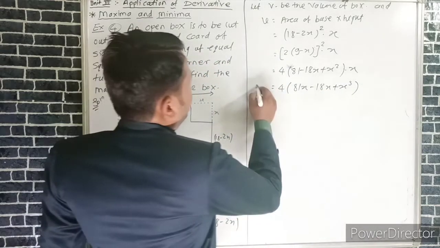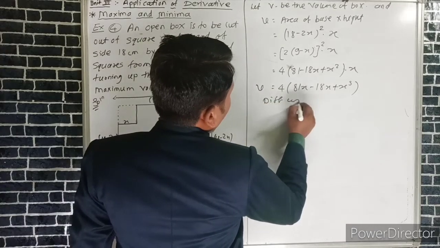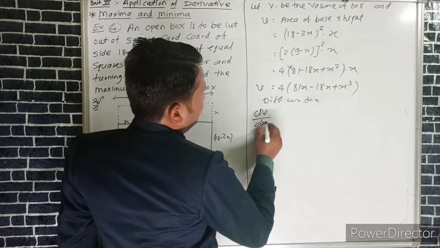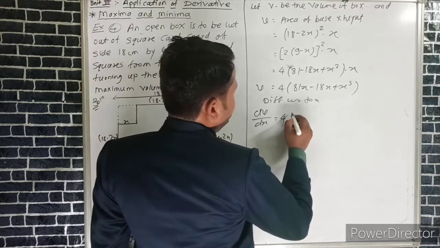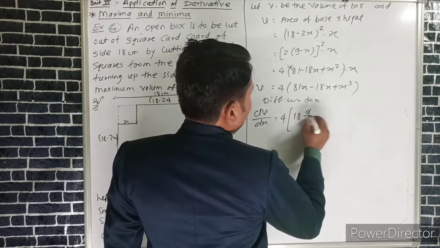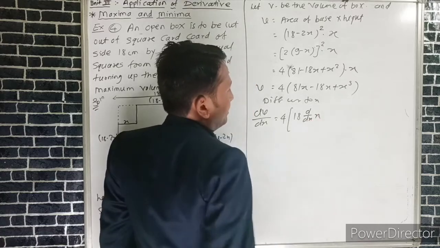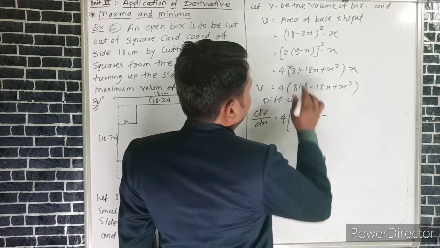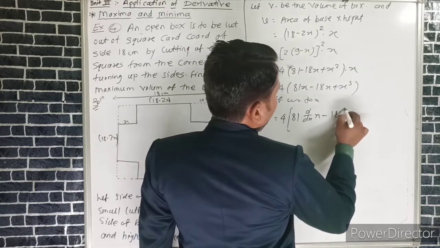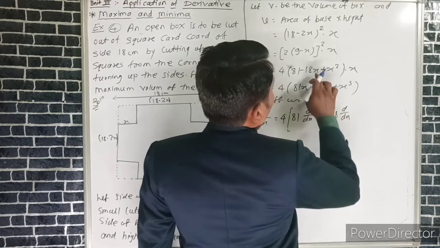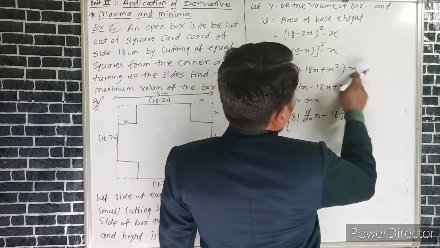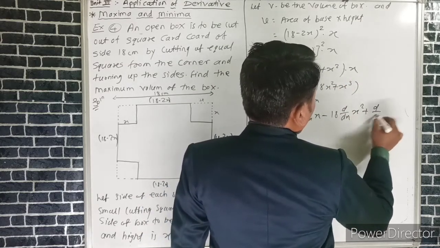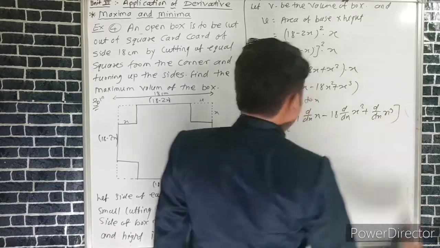So if we differentiate the given function with respect to x, then we get dV upon dx equals 4, which is a constant, into the derivative of 81x, minus 18 constant times the derivative of x square, plus the derivative of x cube.